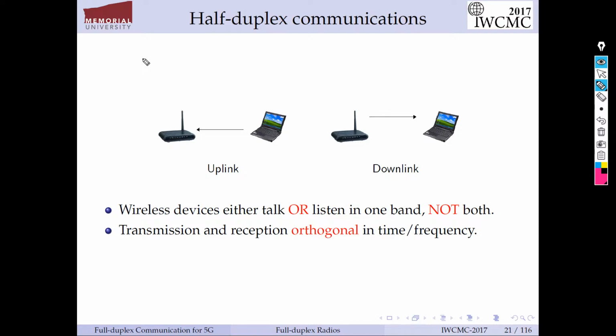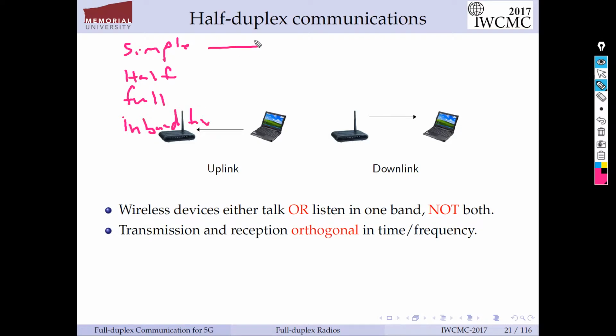So we have what we call simplex, and we have half duplex, and then we have full duplex, and the new one that we are going to explain extensively in this lecture is called in-band full duplex communication system. In-band full duplex.